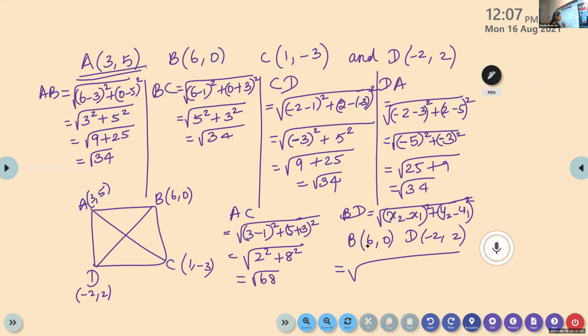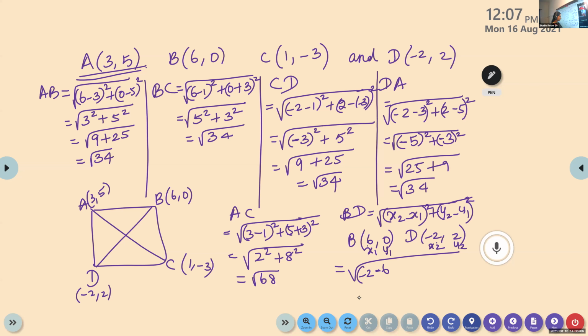X coordinates we should subtract, Y coordinates we should subtract. So X coordinates if you subtract, minus 2 minus 6, the whole square, plus 0 minus 2. Okay, that's all.